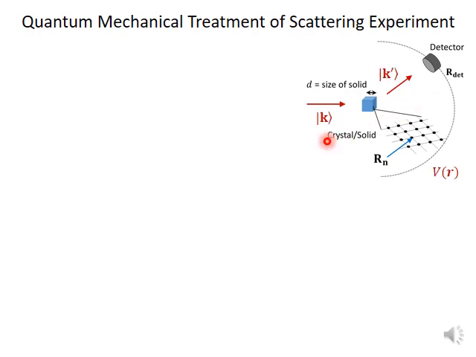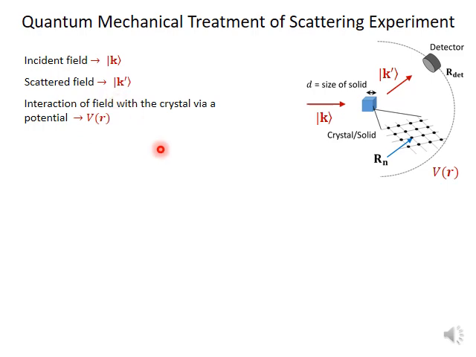Now we want to treat the same problem quantum mechanically. So instead of classical waves, we are now dealing with quantum mechanical entities. We would represent the wave which is incident by this ket, and the one which is scattered by this ket. So the incident field and the scattered field are now quantum mechanical entities.